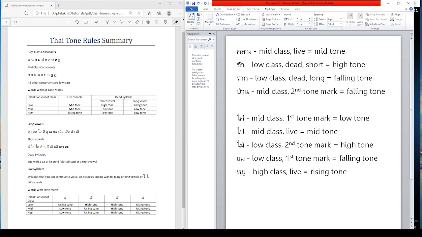So we don't pronounce that, but that hor heap is high class. We can see it over here. So this makes the initial consonant for this word high class. And it's a long vowel, so we can continue voicing it, mu. So it's a high class initial consonant and a live syllable. So high class, live syllable, and it gives us a rising tone.